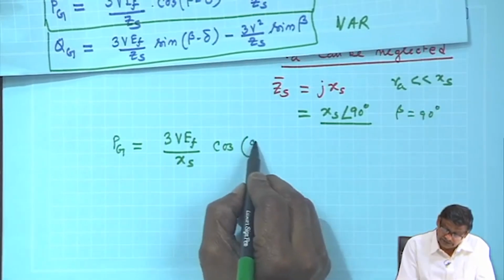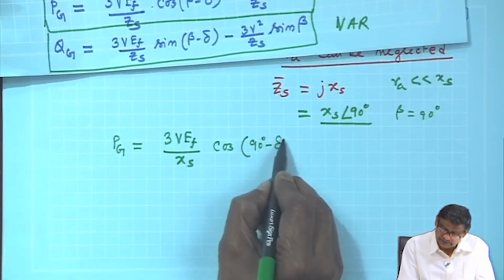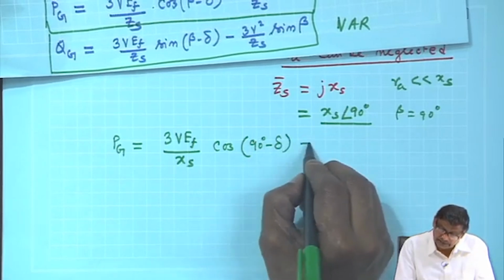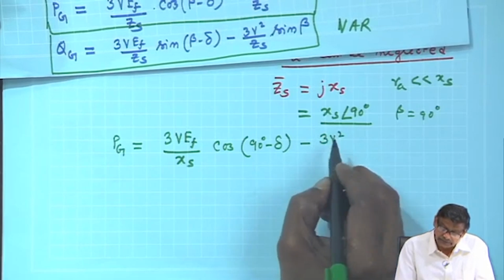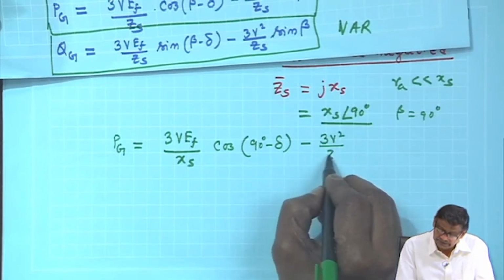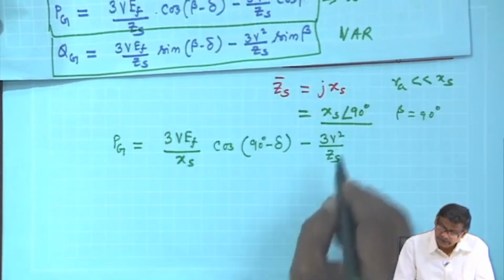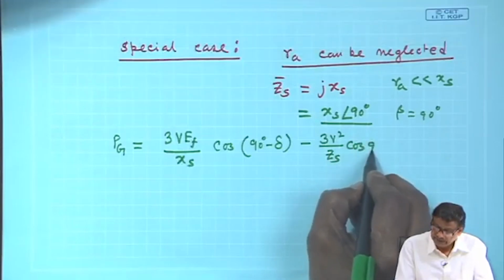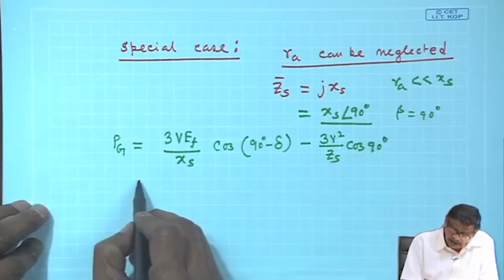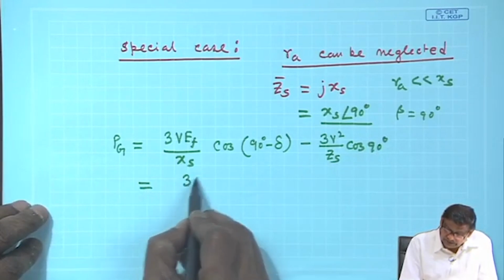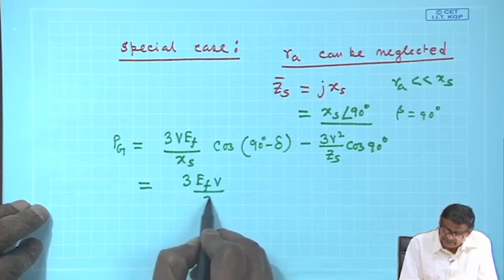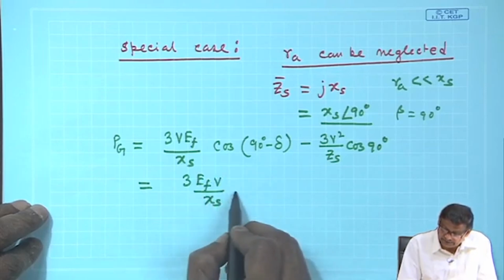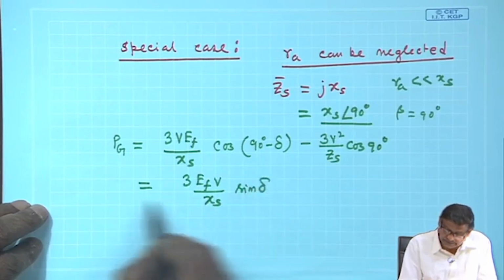So, 90 degree minus delta, and then minus 3 V square by ZS into cosine 90, which will be 0. And this will be equal to 3 EF V by the synchronous reactance XS into sin delta. That is the thing.